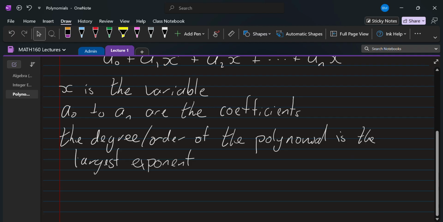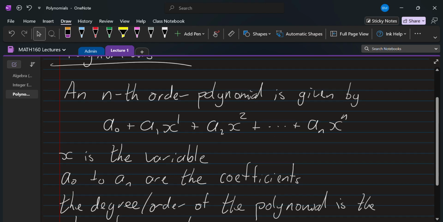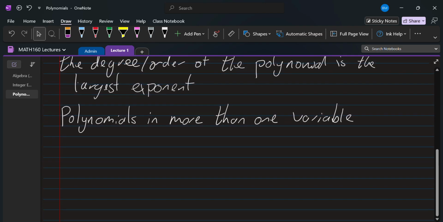It's just the names given to these things. And then whatever the highest exponent is, we call that the degree or the order. So the degree slash order, same thing, of the polynomial is the largest exponent.